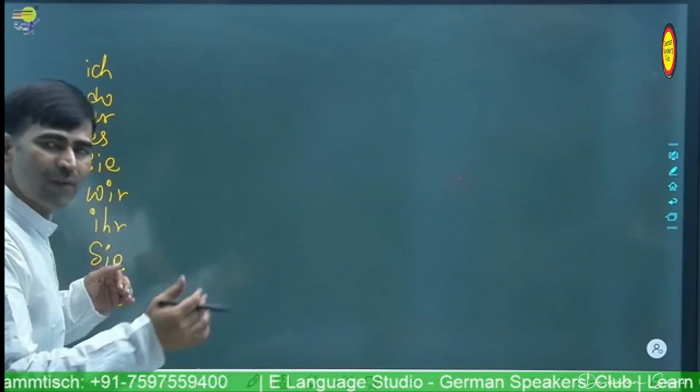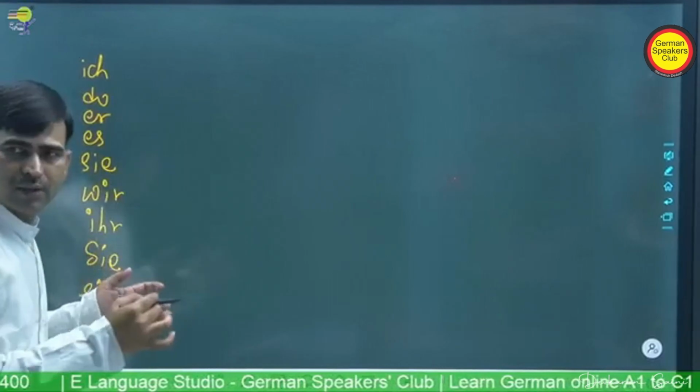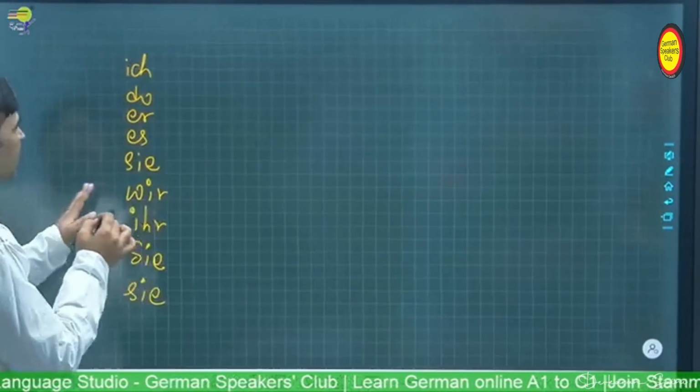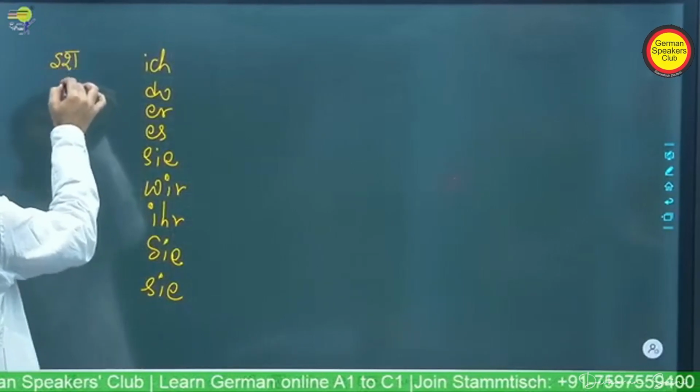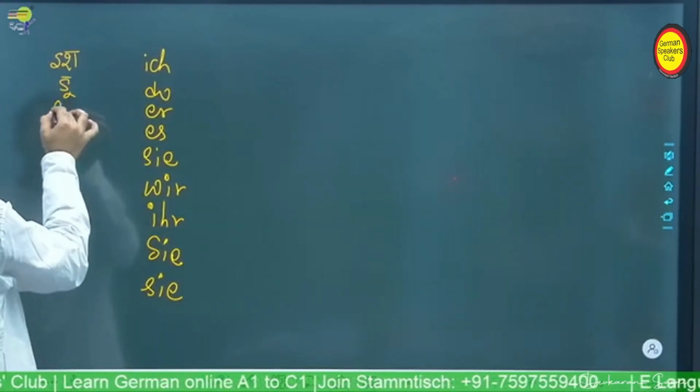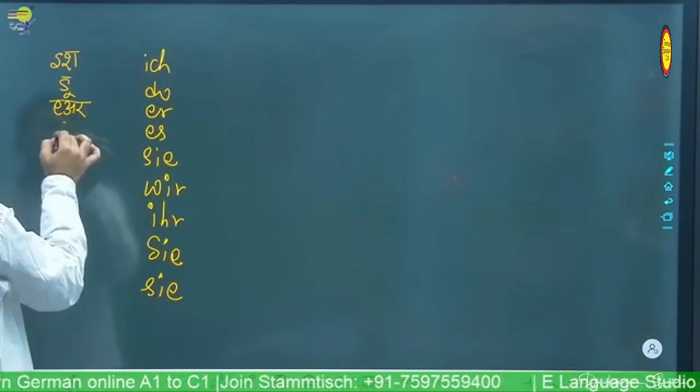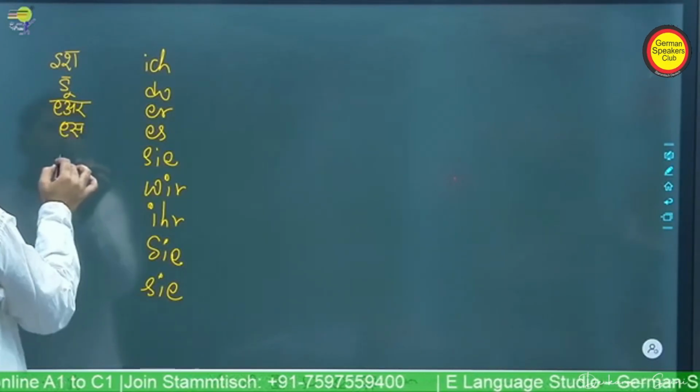So I'll again rewrite on the table. Ich, du, er, sie, es, wir, ihr, sie and Sie. This is ihr, this is er. Like the sound is just like air, right? So er, that's the same sound.